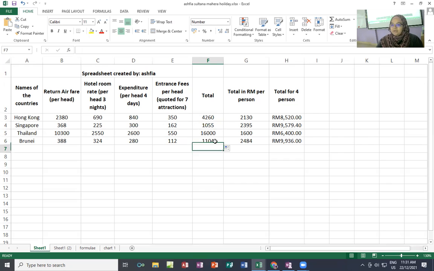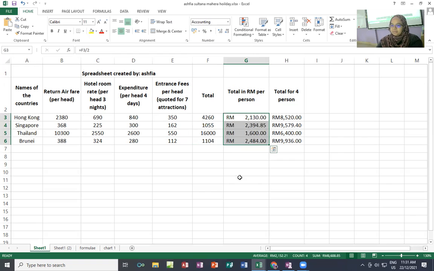So now you have to find the total of all of these in RM, in RM per person. So when you get per person, how many people you have to count for? 4.